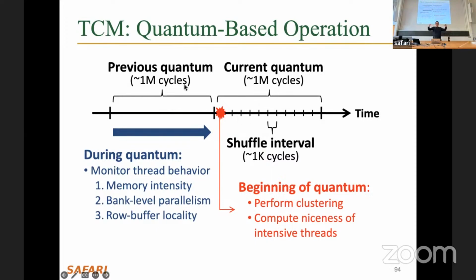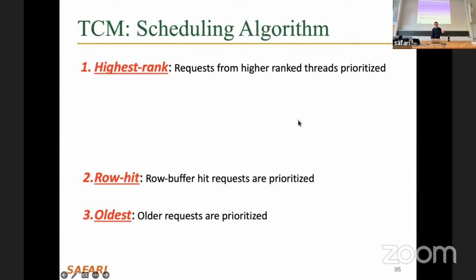Because if you actually do the shuffling across very long time quantums, then you can deny service for a very long time. We divide the time into smaller intervals where thread shuffling changes, and as a result, you get much better fairness across these intervals. There are a lot of interesting things over here that I'm not going into a lot of detail on, but we need to cover a lot of other things as well.